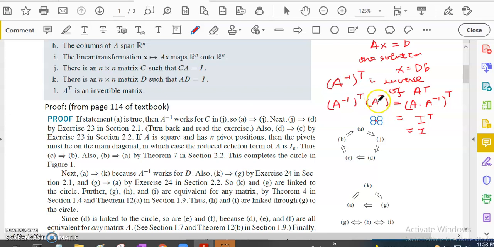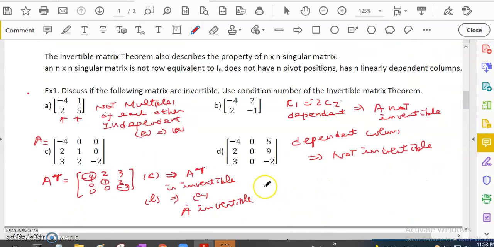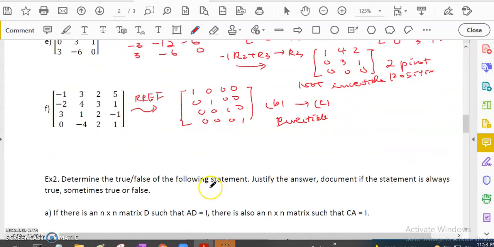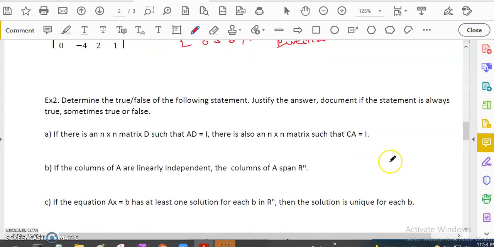The inverse of A transpose is A transpose inverse, which is A inverse transpose. So A transpose inverse is actually A inverse transpose. This is how we prove it. In the class worksheet, I'll ask you to do an example to investigate that. But we can also use the IMT.